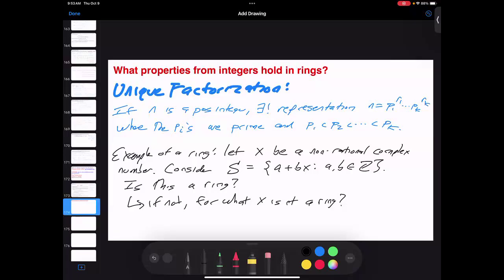A and B are, what does Z mean? Integers. So what do you get back when you look at all numbers of the form A plus B times 1? Integers. So if you take X equals 1, S is just going to be the integers.